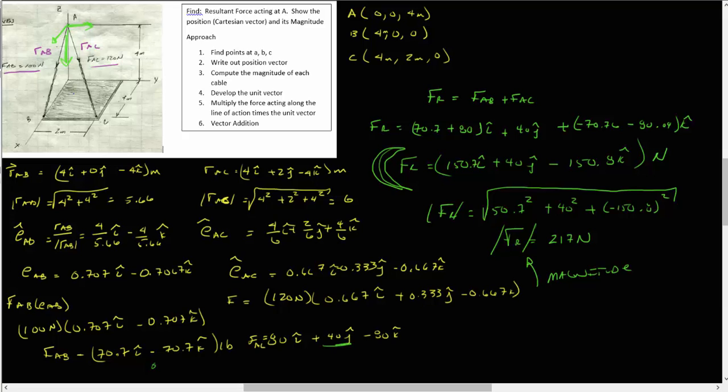So both of these cables holding up that steel plate are holding a total of 217 newtons. And again, it's 150.7 newtons in the x-axis, 40 in the y-axis, and negative 150.8 in the z-axis.